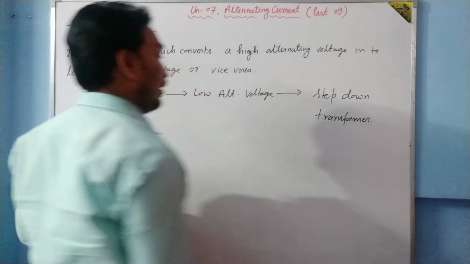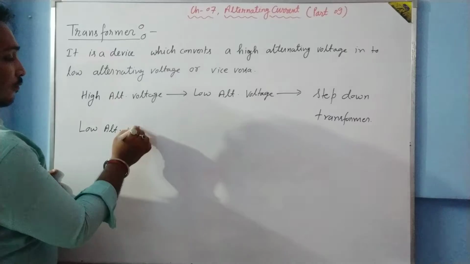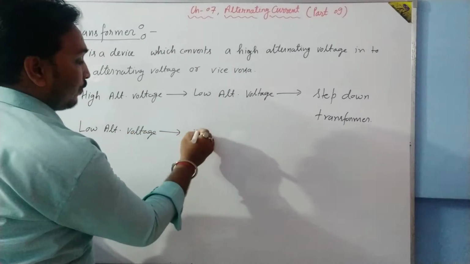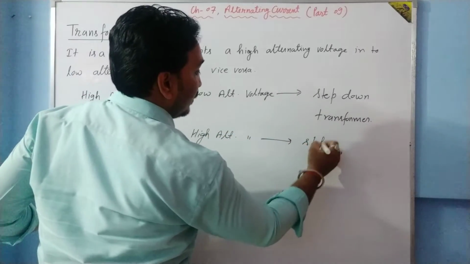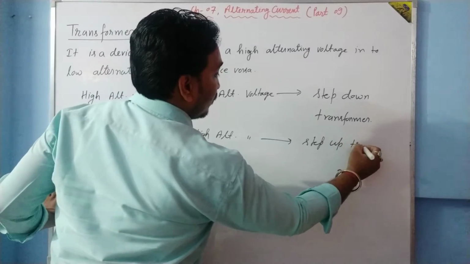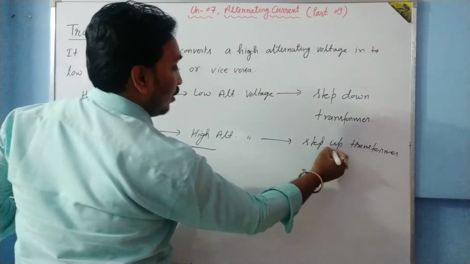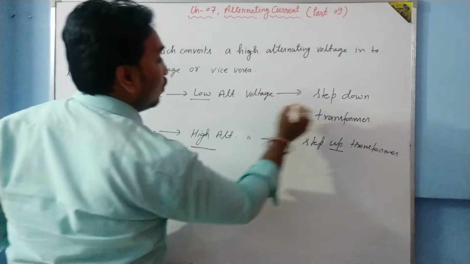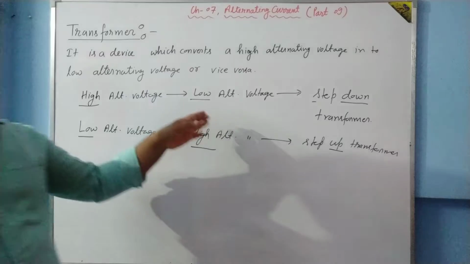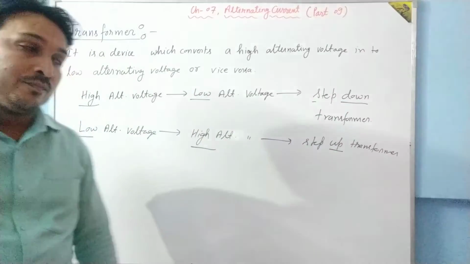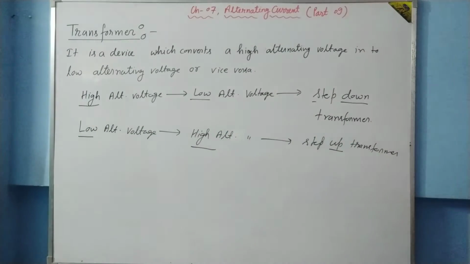And if it converts low alternating voltage into high alternating voltage, then it is called a step up transformer. Very easy to remember. Low to high, up; high to low, down. If it converts high alternating voltage into low alternating voltage, it is called a step down transformer. If it converts low alternating voltage into high alternating voltage, then it is called a step up transformer.